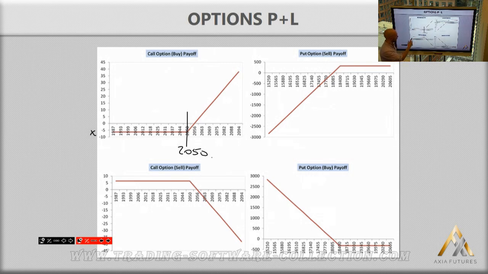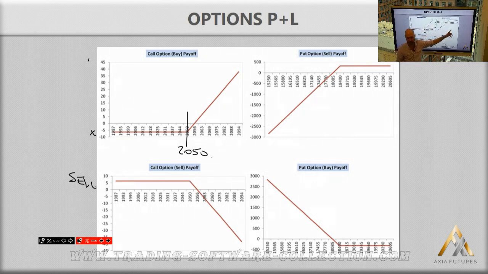You sell a call option and it's the same situation. So this is for the buyer up here and this is if you sell the option. So you're in the money for a while and then you're losing. You sell a put option, it's the same thing but the other way around. So with all of these kinds of charts, if you do look up any option P&L charts, remember this has nothing to do with time.